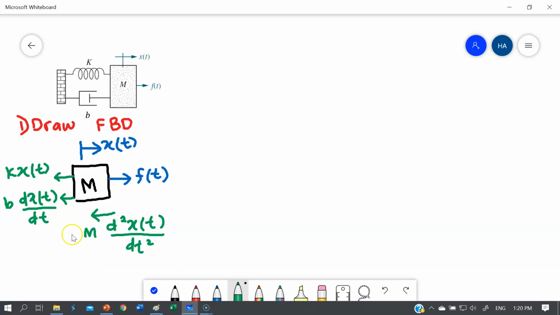After we draw the free body diagram like this, the next step is to write the differential equation. We can do that by applying the summation of forces equals to 0, which is Newton's law.